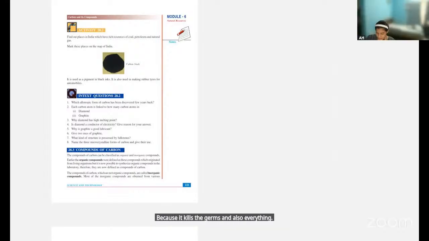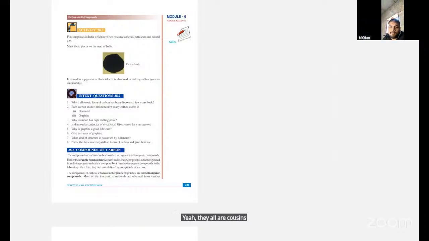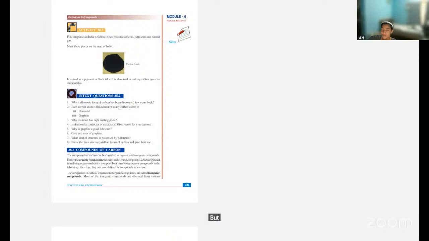Isn't charcoal, coke, and carbon black a form of coal? Yeah, they all are cousins, brothers and sisters. But isn't coal made after years of being under the soil in the absence of air? That is coal.